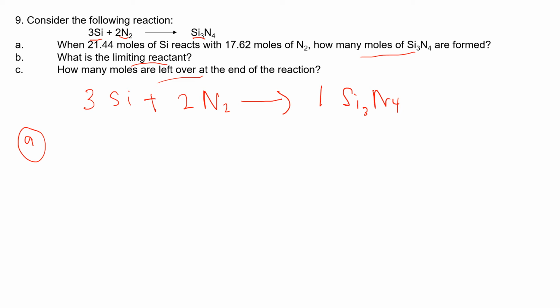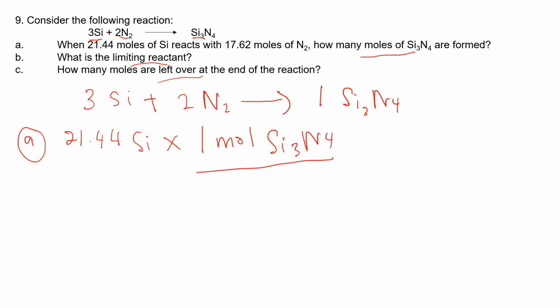Okay, so bermakna you ada 21.44 moles of silicon, you darabkan dengan 1 mole of Si3N4 divide with 3 moles Si. Ya, kita nak cari dia punya ratio 1:1. Okay, so darab silang. So you akan dapat 7.147 mole Si3N4.